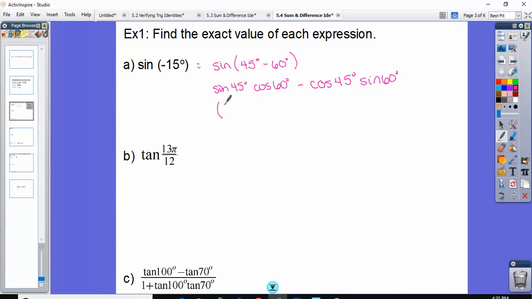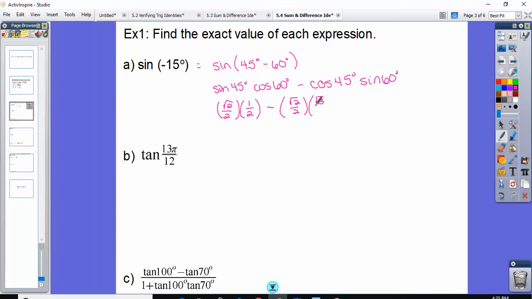Now we evaluate sine of 45, so use your hand trick, or look at a unit circle, sine is the y on your unit circle. So that would be radical 2 over 2. Cosine of 60 would be 1/2, minus cosine of 45, so radical 2 over 2.